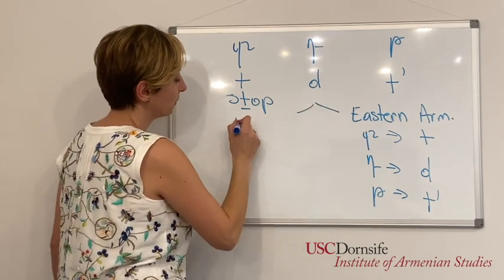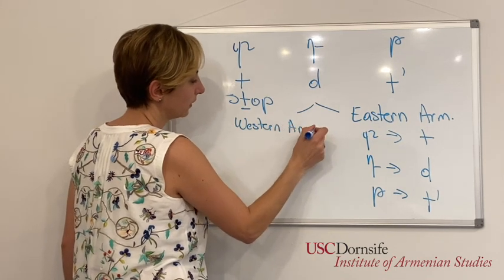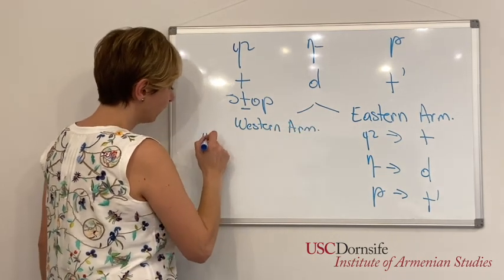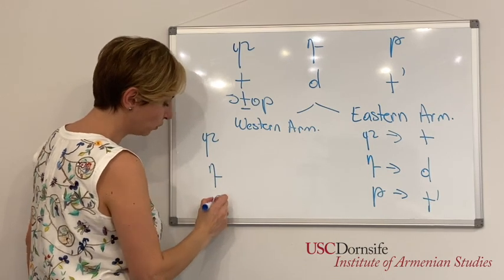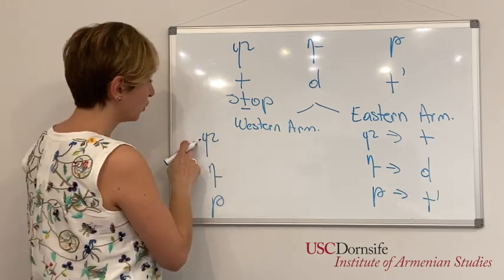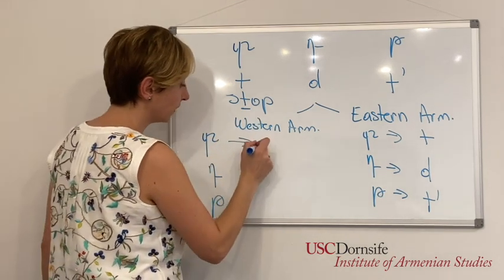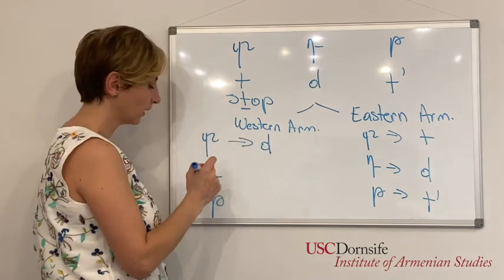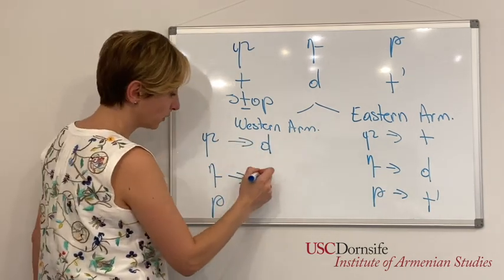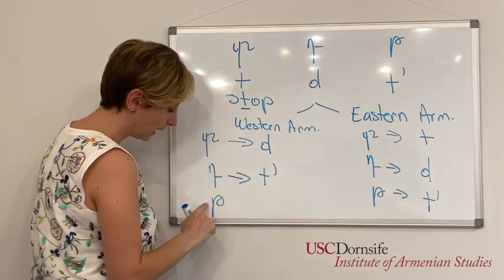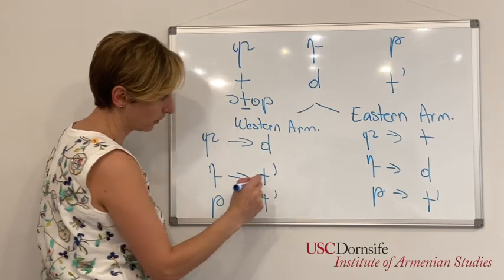Now in Western Armenian, just like we saw in the case of g, g, k, you have three letters which are reduced to two sounds. So the voiceless d is pronounced as a voiced d. The voiced d is pronounced as an aspirated t, and the aspirated t is also pronounced as an aspirated t.